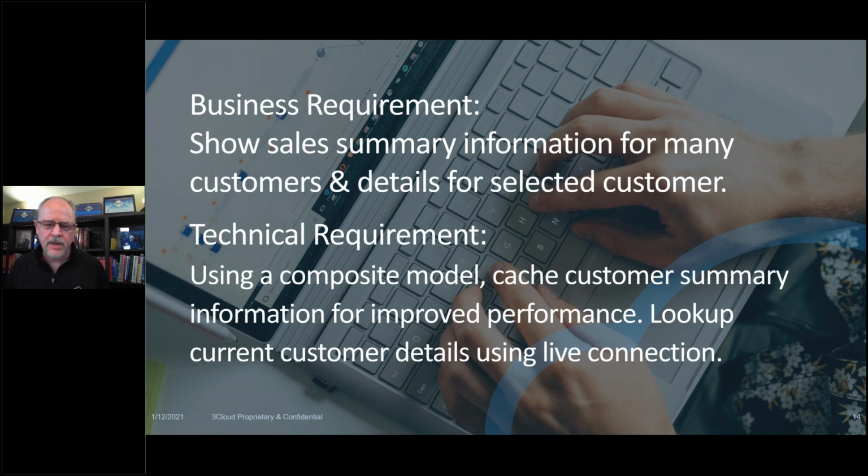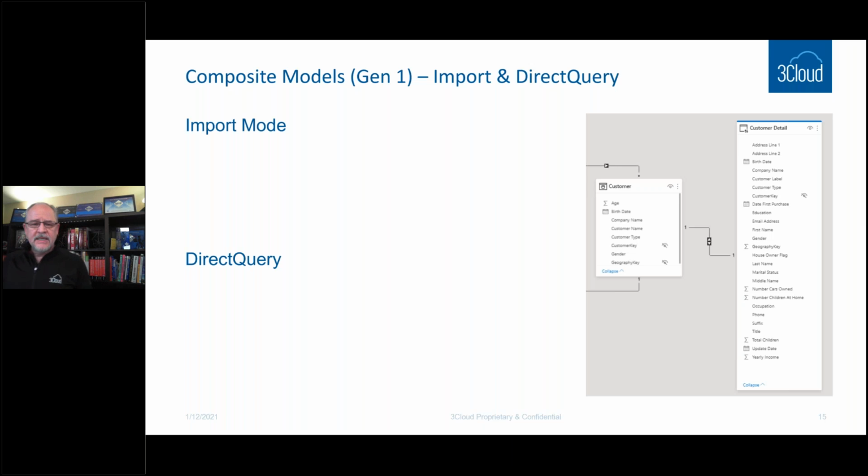Here's the technical requirement: using a composite model, in-memory and direct query, cache report summary information for improved performance. That's the summary level for my customers, and look up customer details using a live connection, going back to the data source. So we have import mode, and we have direct query.